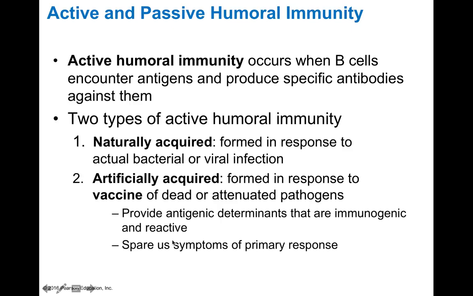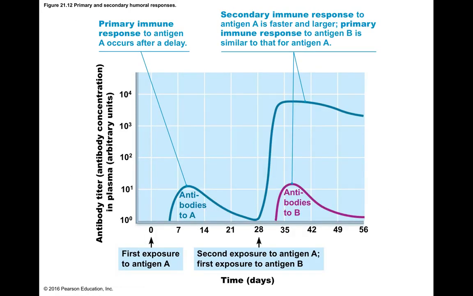So when we're talking about vaccination, what we're doing is we are forcing your body, let me explain this. You are forcing your body by giving the vaccination here. You're forcing your body to do what? To create your primary immune response. So vaccination is not the full virus or a bacteria.